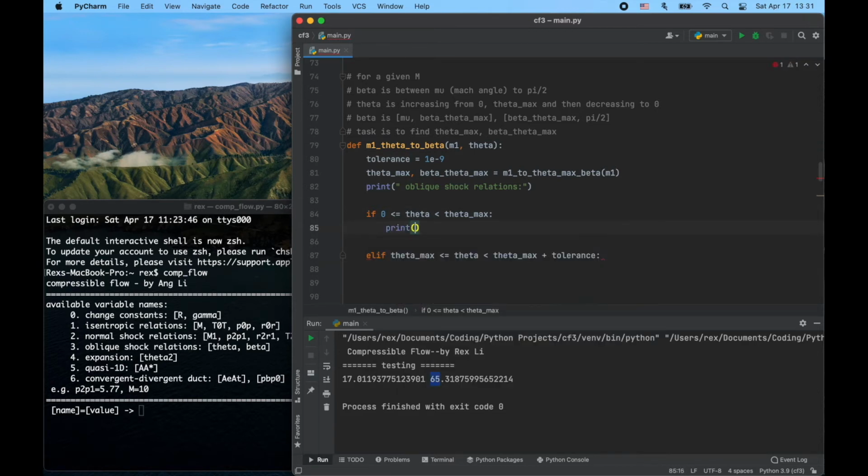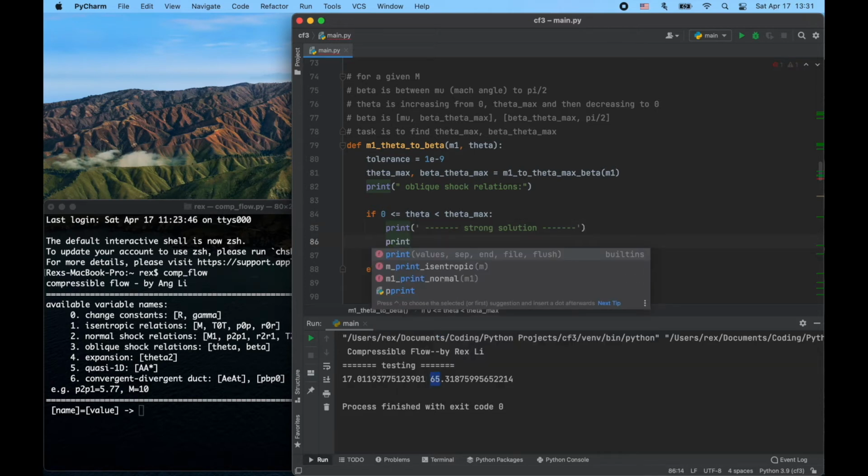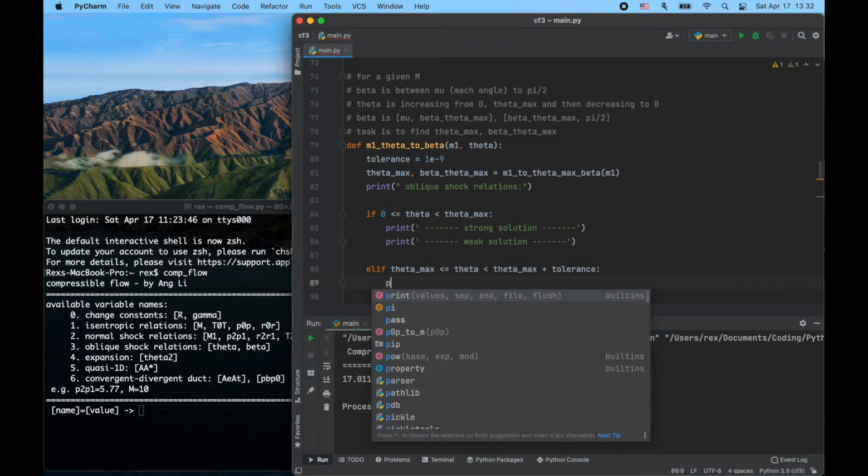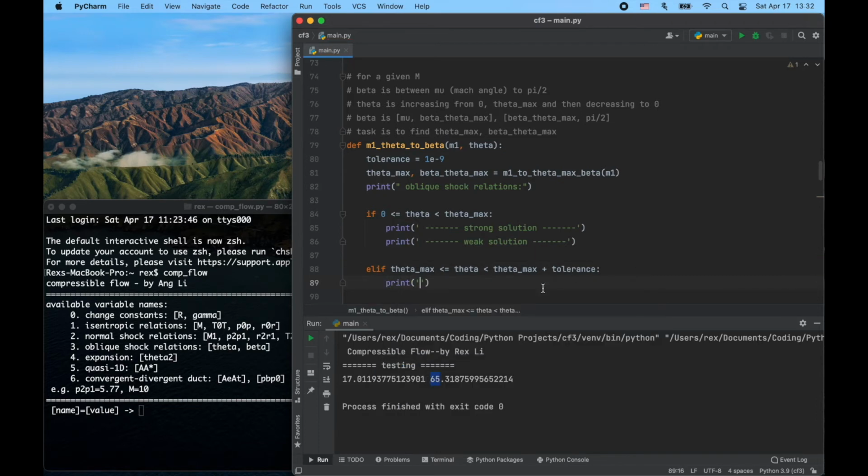For this one, we will find strong solution. And we will find weak solution. And for this one, there's only one solution because theta is really close to theta max.